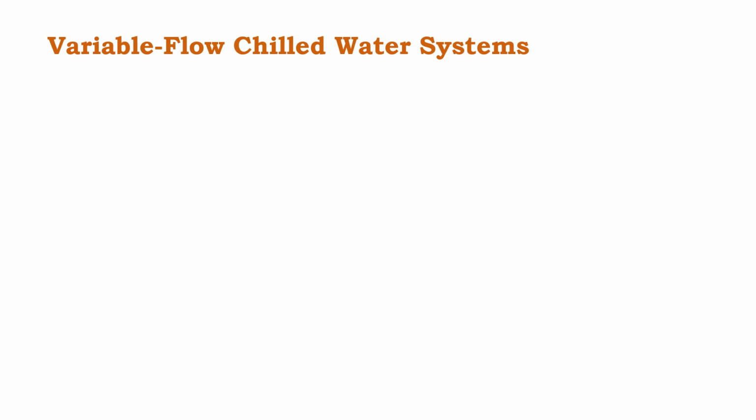In the variable flow chill water system, it is the most efficient way and contributes to a great saving potential for any HVAC and R system. It can contribute in maintaining the system balancing. It can contribute in terms of significant pumping energy saving.